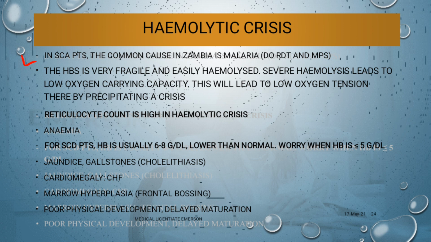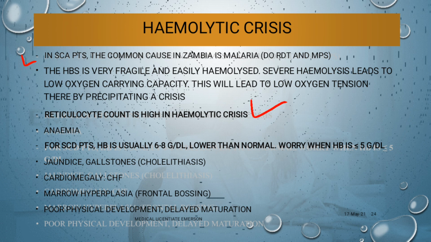Then in terms of the other features of hemolytic crisis, we have to know that the reticulocyte count is high in hemolytic crisis, and for SCD patients, the HB is usually 6 to 8 gram per deciliter, which is lower than normal.